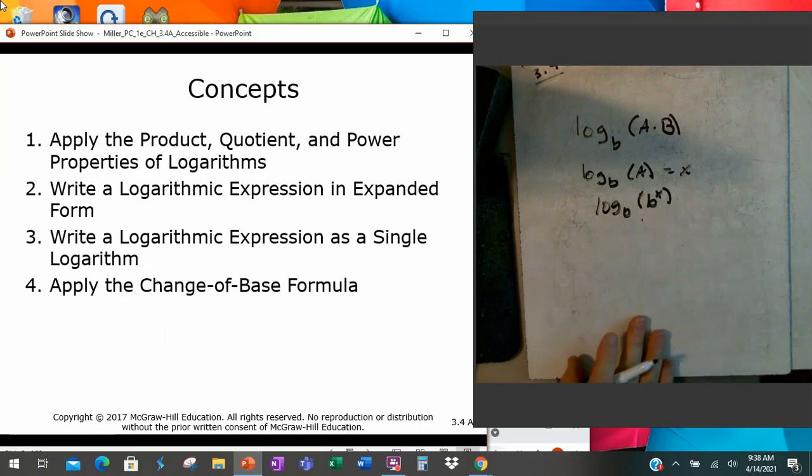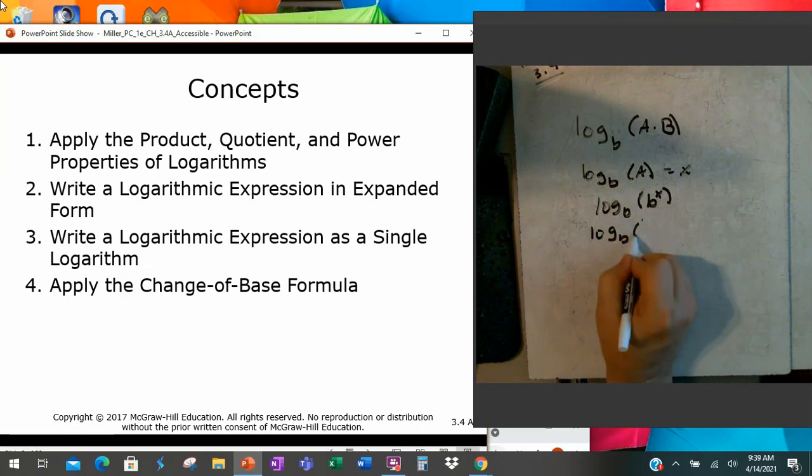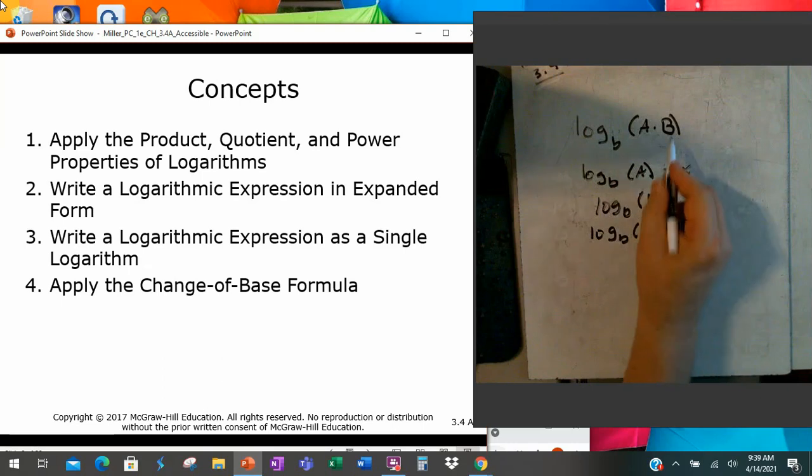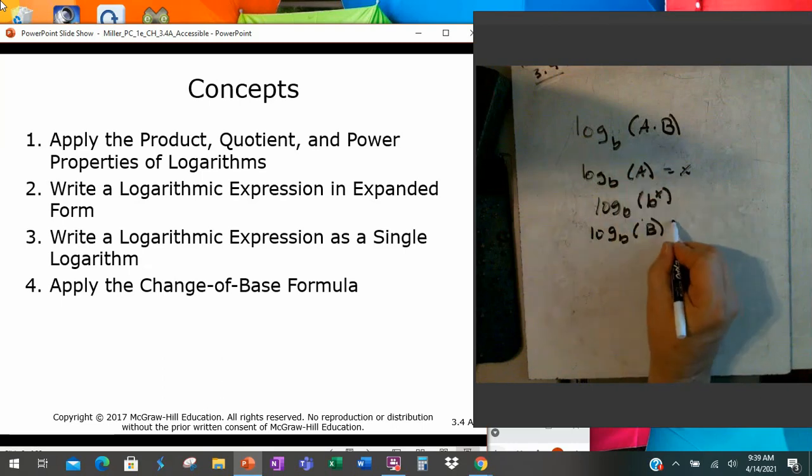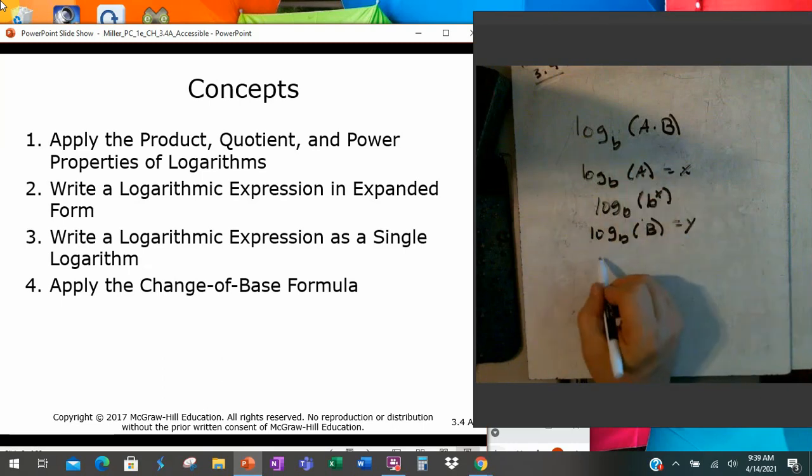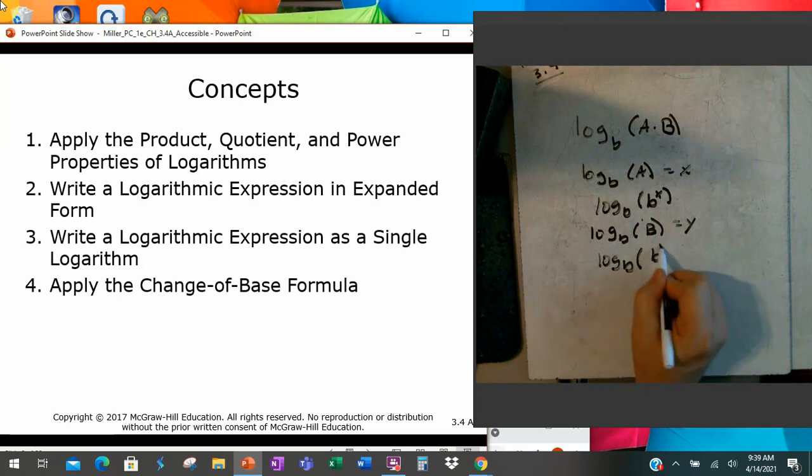That would be a. Okay. For some number, let's call this something else, let's call this a y. So this, I want to represent b. How would that be? That would be some number y. This would look exactly like b to the y.